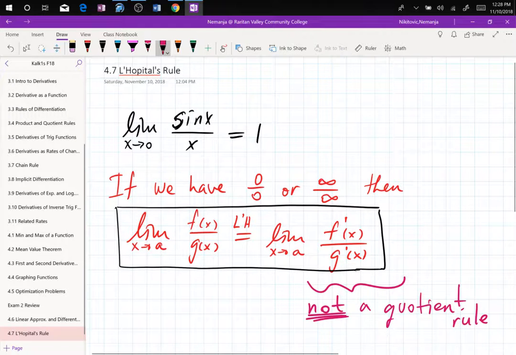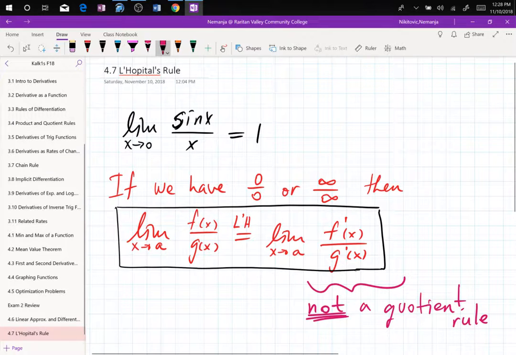These are independent derivatives in the numerator and denominator. Maybe you want to write that sentence as well. These are independent derivatives in numerator and denominator. They have nothing to do with each other. It's like solving two derivative problems separately. It's exactly like that.